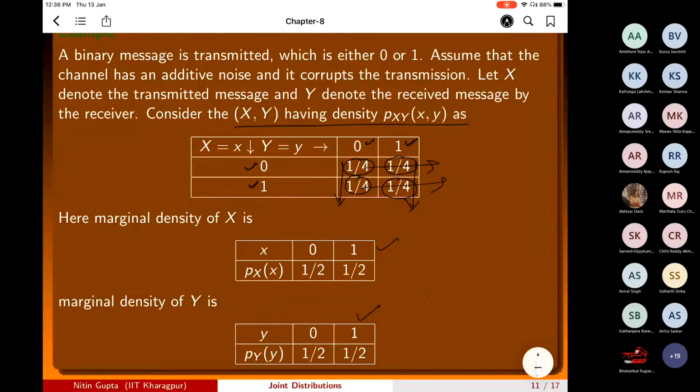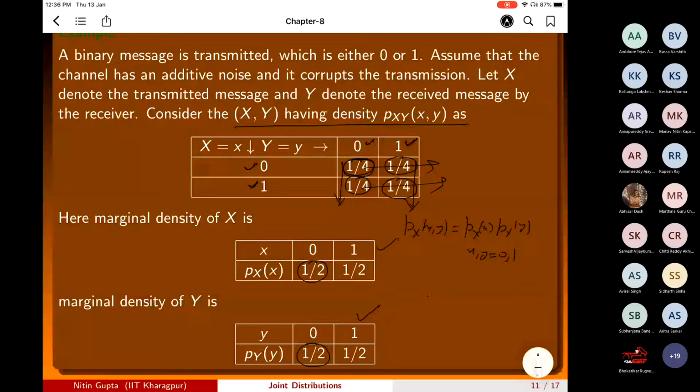Now, whether x and y are independent. You have to check whether the joint equals the product of px and py for x and y taking values 0 and 1. You can easily see that p(0,0) is 1 by 4, px(0) is 1 by 2, py(0) is 1 by 2, so 1 by 4 is equal to 1 by 2 into 1 by 2.